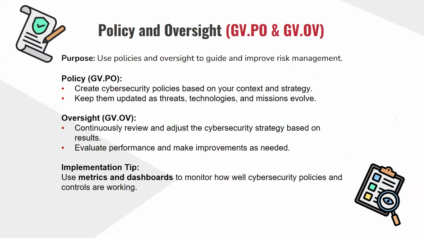The problem that you made the policy for, it should actually be fixing it. So if it's not, then you know that you have to enhance it. You have to make improvements on that policy. So when it comes to this oversight, you can look at it as a feedback loop.